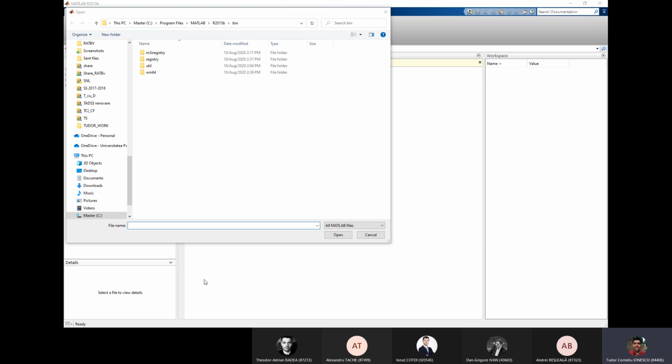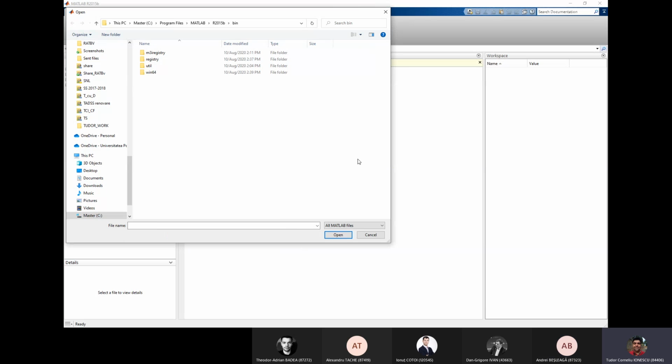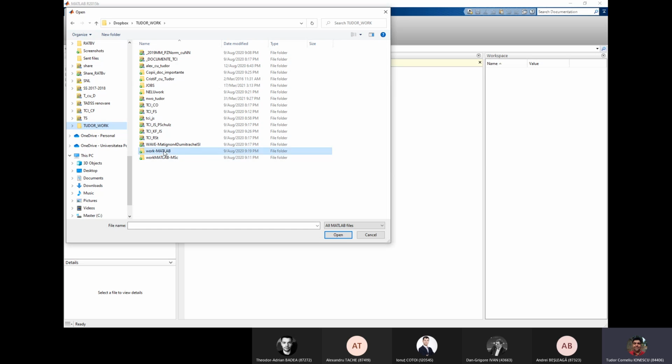All right, I started sharing my screen. Can you see my MATLAB screen? Yes. Okay, fine. That's lovely. I'm looking for some example I used to have. Let me see if I can find it.